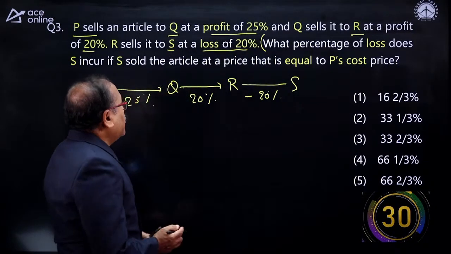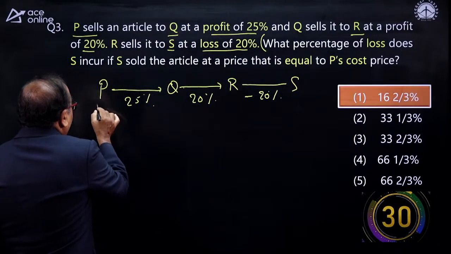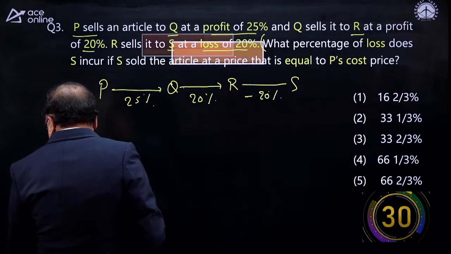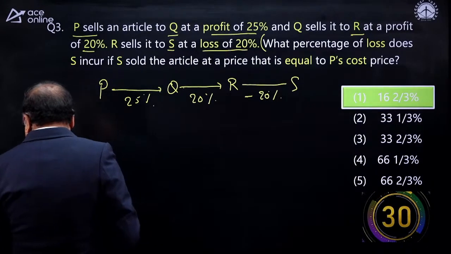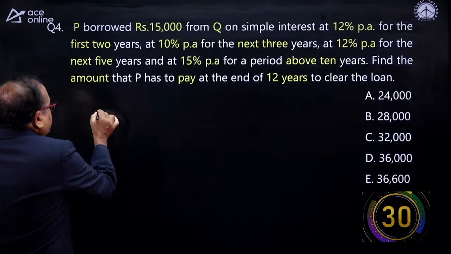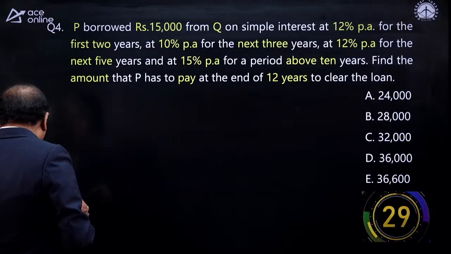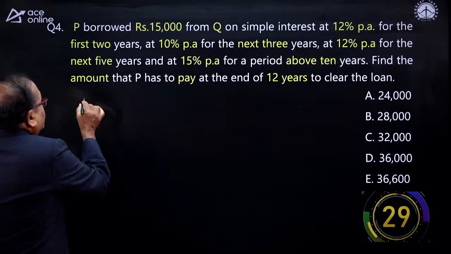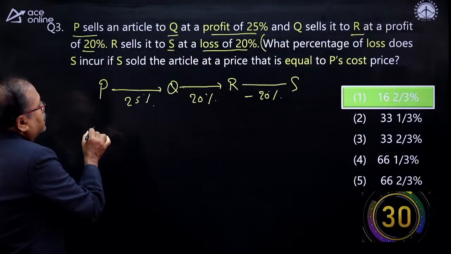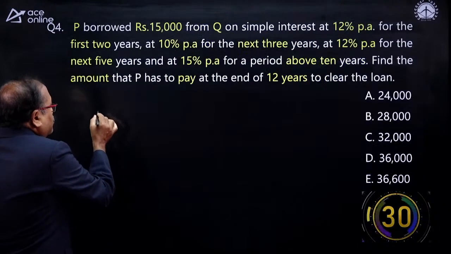Okay, now I will answer the question here. Let's assume that P's price is 100. There is a problem with the interface. Okay, not to worry. Here we are in this question.